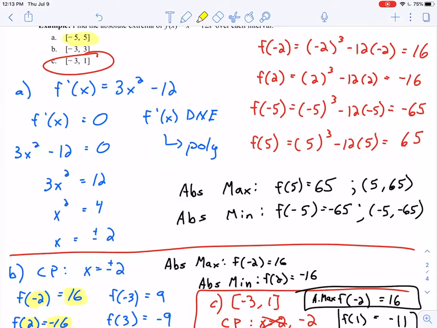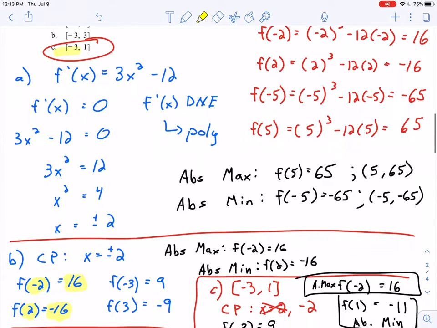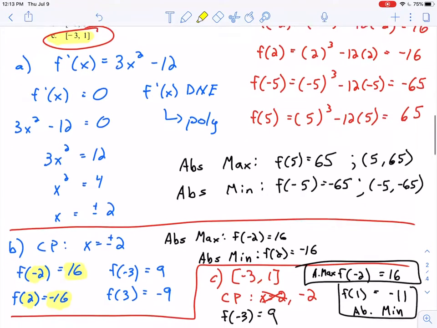They were both between negative 5 and positive 5, and they were both between negative 3 and positive 3. But if we have an interval where one of our critical points doesn't fall into that interval, we basically just say, you know what, we're going to ignore that because it's not in our interval. So we basically just pretend like that critical point doesn't even exist.